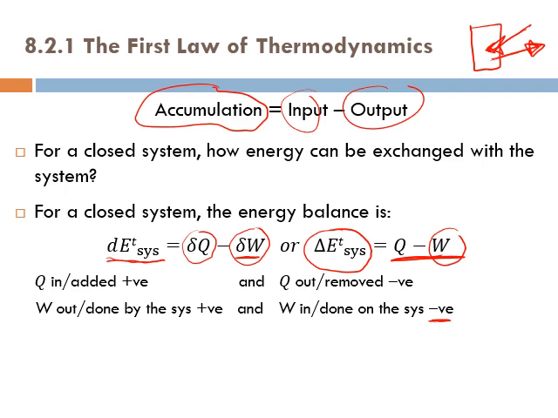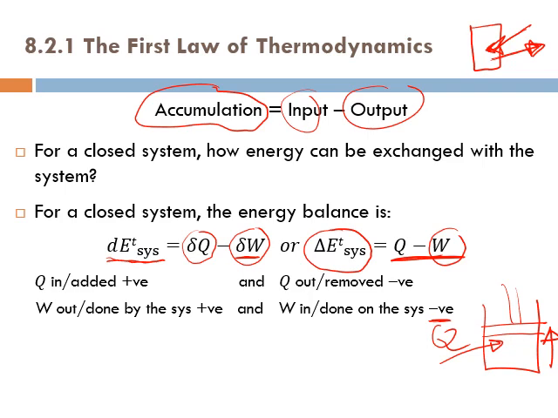Just to explain where this is coming from, it's coming from the mechanical engineering concept. That is, if you want to generate work, you can add heat, and then the system will do work for you. It will push this piston up. So they like doing work.